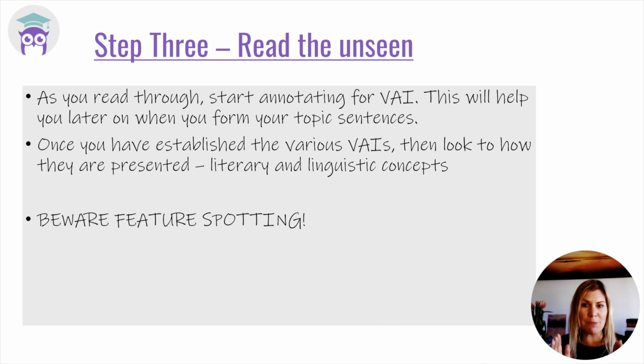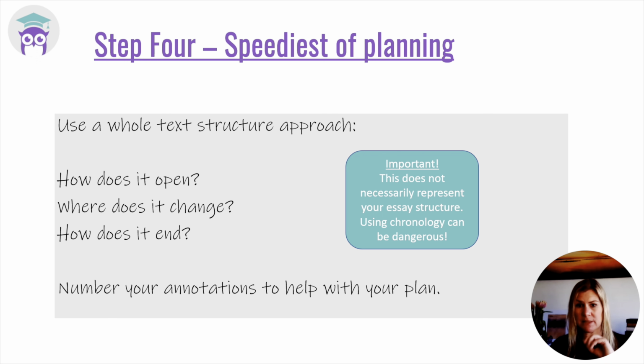That's actually something that comes up in the examiner's report almost every single year, that the lower ability students, or the students that performed worse on the paper, were those that just systematically feature spotted and said, oh, that's alliteration. But if it's not attached to a value, attitude or idea, and then obviously developed impact, it's not going to be as helpful. Do a bit of speedy planning. Number your annotations.